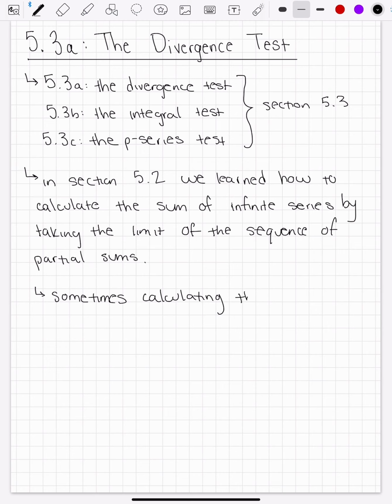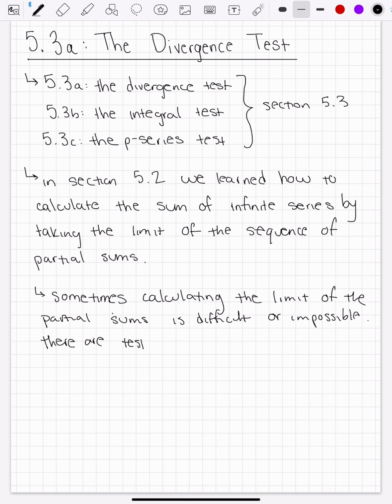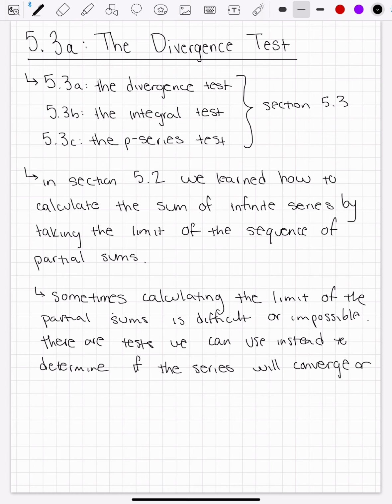So when the limit of the partial sums is difficult or impossible, there are tests we can use instead to determine if the series will converge or diverge.